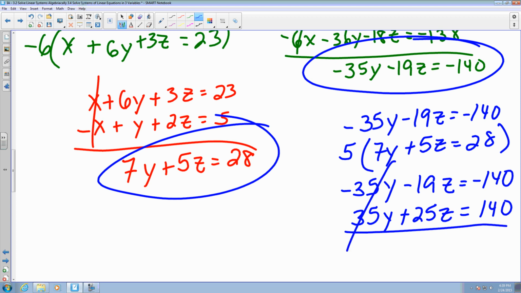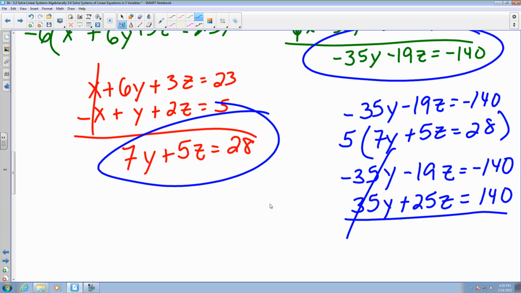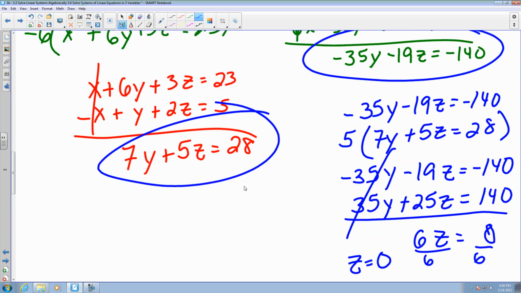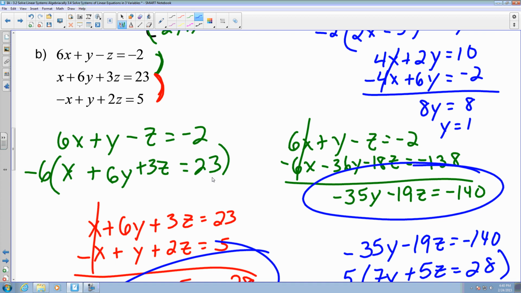So this becomes my eliminated area. So now I got -19 plus 25 gives me 6z equals, this will give me 0. So divide both sides by 6. Z, in fact, equals 0. So now with that being said, I know that z equals 0.